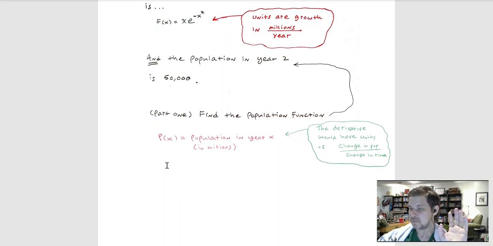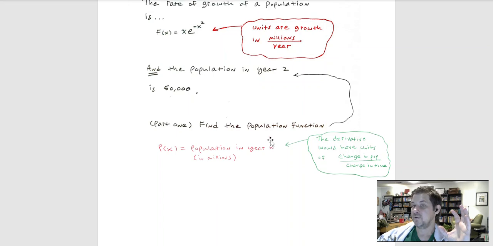Well, there's the connection. If I took the derivative of this one, I don't have this function, but if I did, and if I took the derivative of it, the units would be in the change in this variable, the change in the population, over the change in this other variable, which is time, okay? So what I'm saying is if I took the derivative of this function, it would be this one.